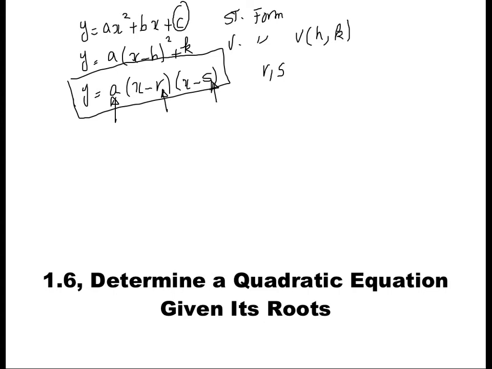So in this case we need three pieces of information given. In fact, if you look at any form of quadratic, you can see that there are three unknowns here: a, b, c in standard form, a, h, k in vertex form, and a, r, s in factored form. So if three pieces of information are given, then we can find the quadratic form of the equation.